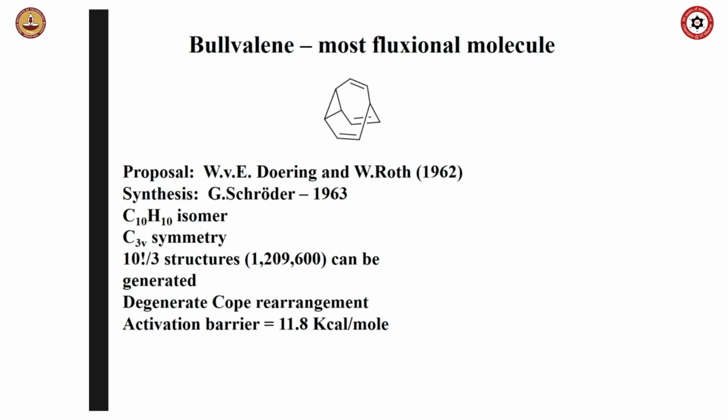Divided by 3 because it has a threefold axis of symmetry, it reduces to 1/3 of the number that you get in 10 factorial. So this many bulvalene molecules can be synthesized by rapidly interconverting Cope rearrangement.